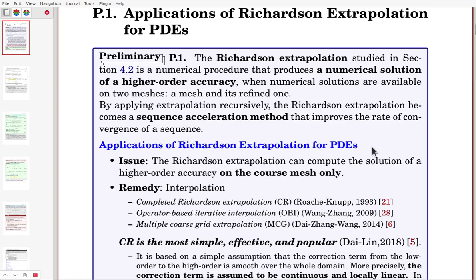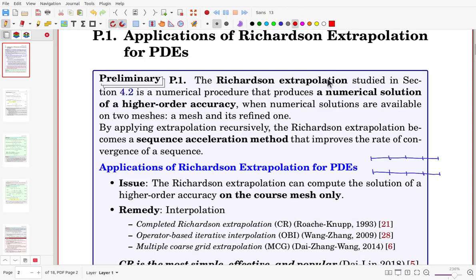Let's look at this figure. For simplicity, we consider PDEs in 1D, and this is a domain. This is a mesh, and its refinement here, with the same grid point n. Now, by using a red pen, let's try to see some extra grid points.